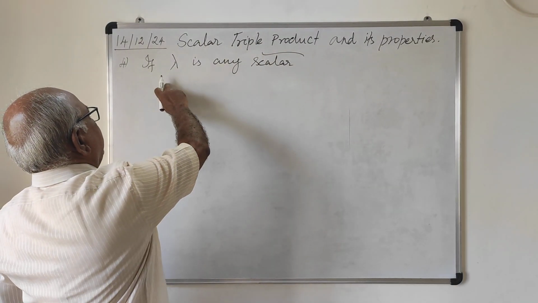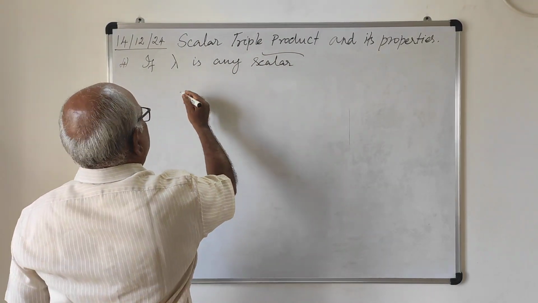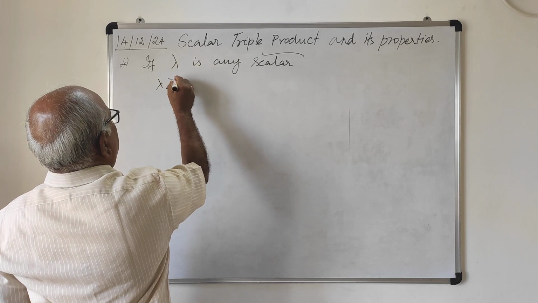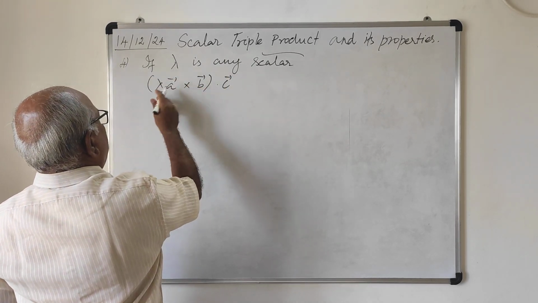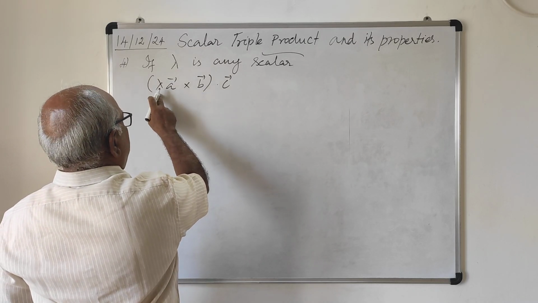Then the fourth property: if lambda is any scalar, then consider lambda A cross B dot C, the scalar triple product.